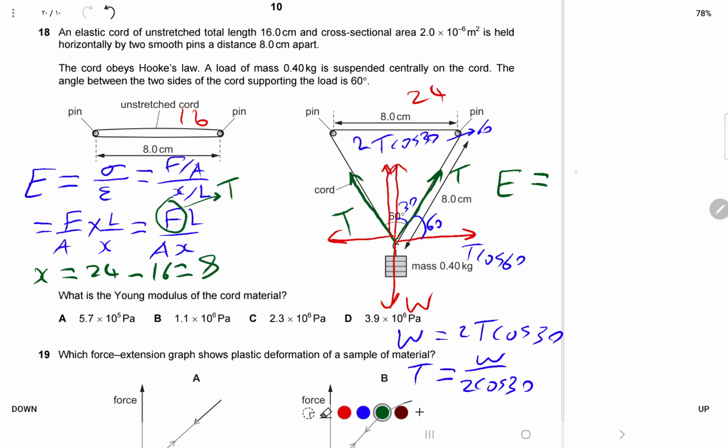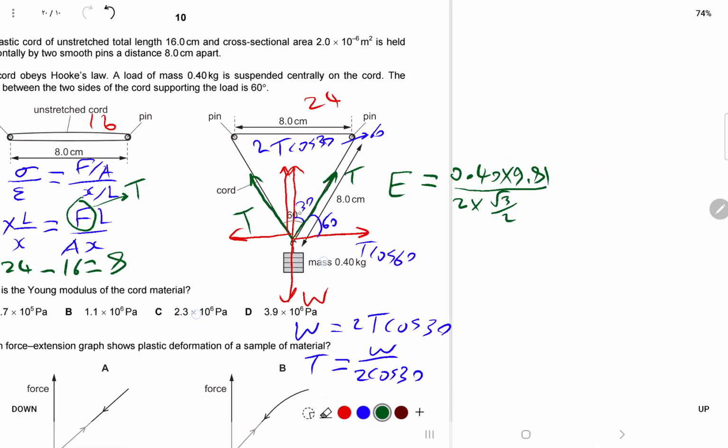Mass is given to us as 0.40 times g, 9.81, that's W, divided by 2 cosine 30, 2 times radical 3 over 2, that's cosine 30, multiplied by L. L is 16, times 10 to the power of negative 2 to convert it into meters. And this is divided by cross-sectional area times the extension.